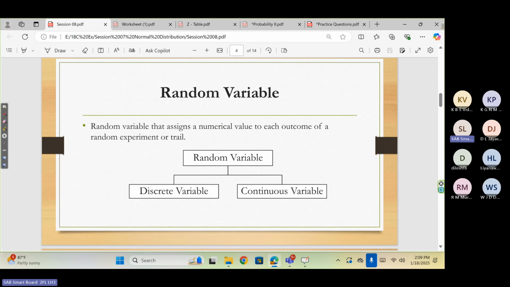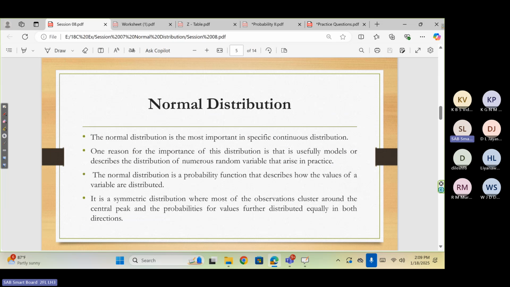Here it says random variables are divided into two categories, discrete and continuous. We move into the normal distribution.